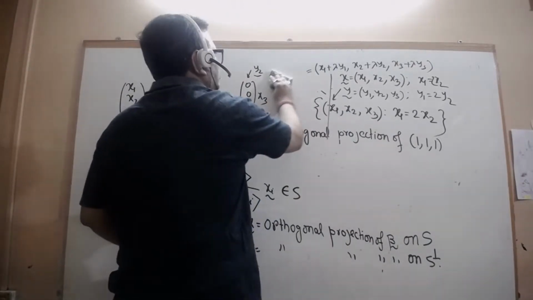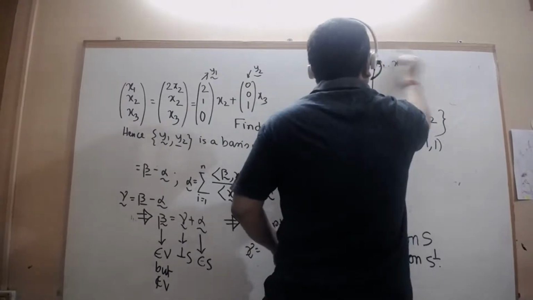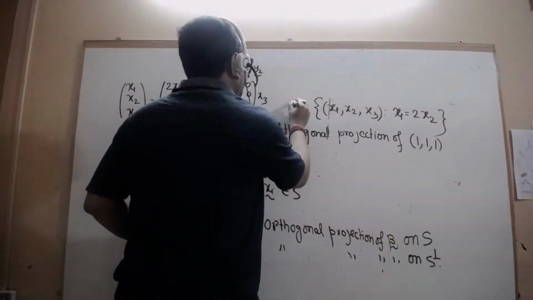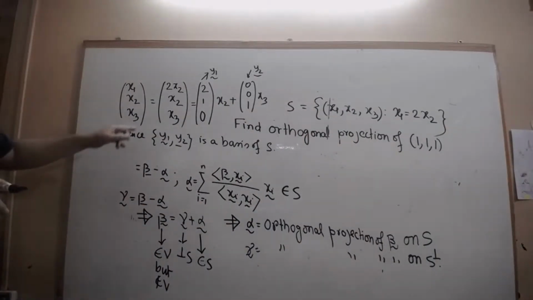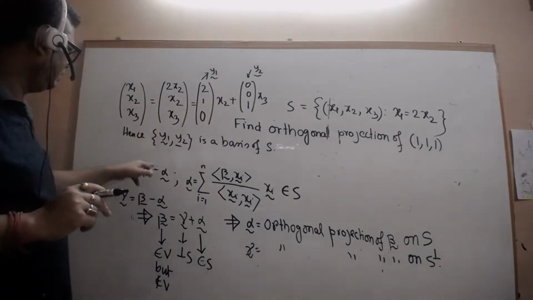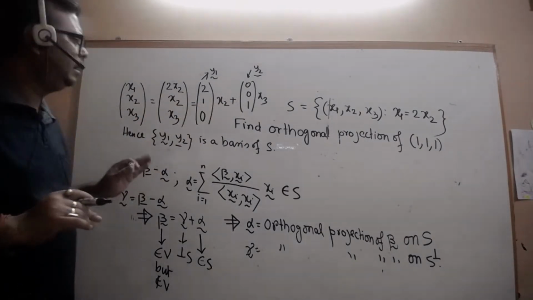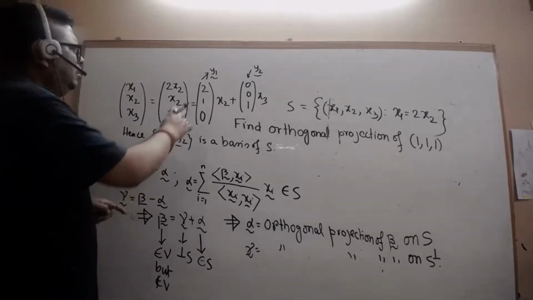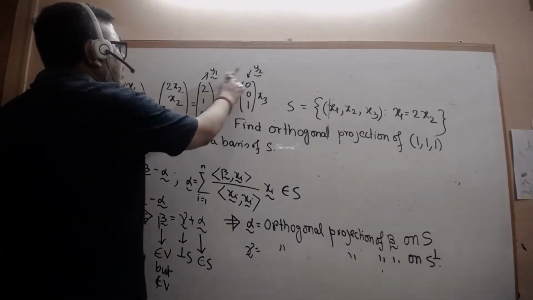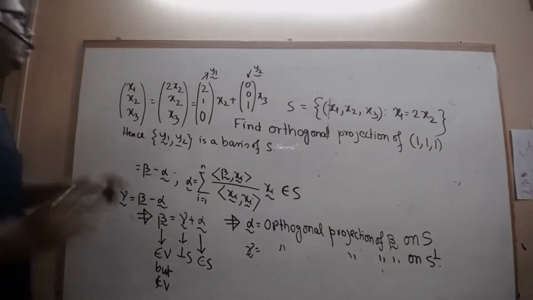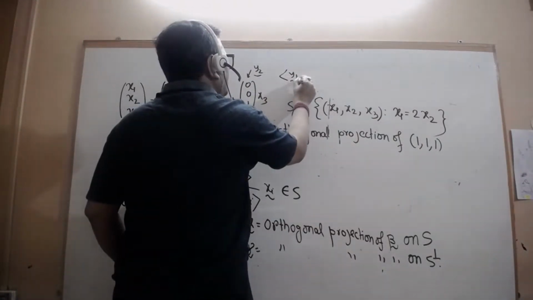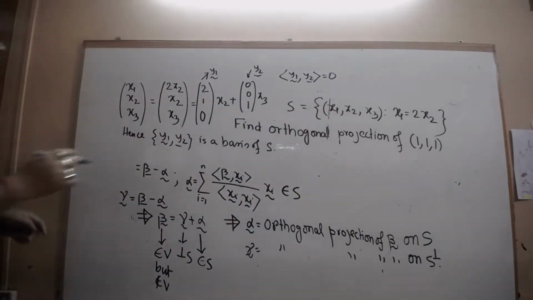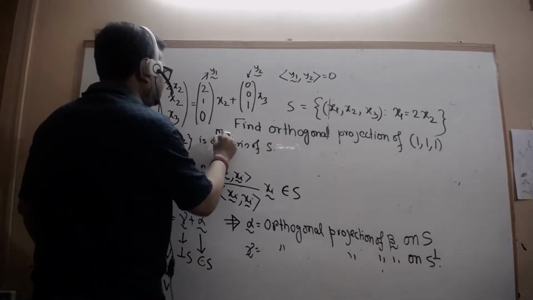So S is a subspace of V, and we already saw that the basis of S is this, 2, 1, 0 and 0, 0, 1. This is the basis of S. Agree? We are lucky that this basis is also orthogonal, because if you take the scalar product of y1 curve and y2 curve, you see that it gives 0. Hence, this is not only a basis, this is an orthogonal basis.